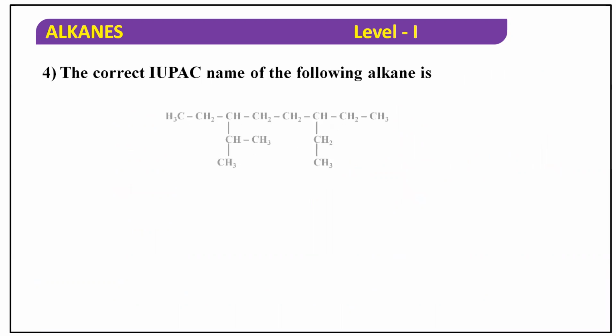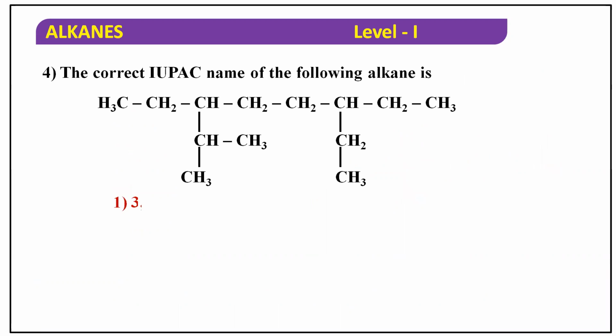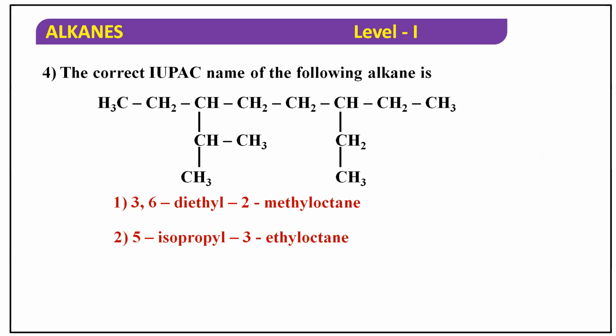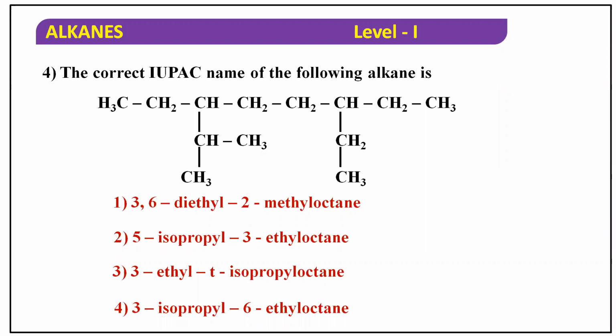The correct IUPAC name of the following alkane is. Remember, the complex substituent also has to be named as per the IUPAC system. And the minimum sum rule is always valid. So we have to name the complex substituent properly, and then only proceed. So try to do it.